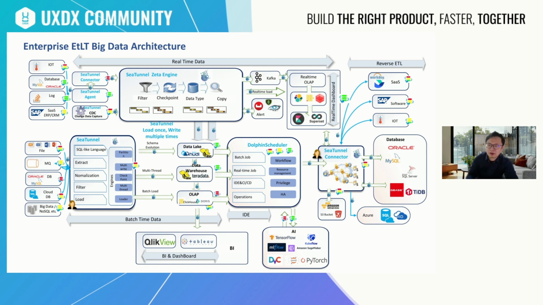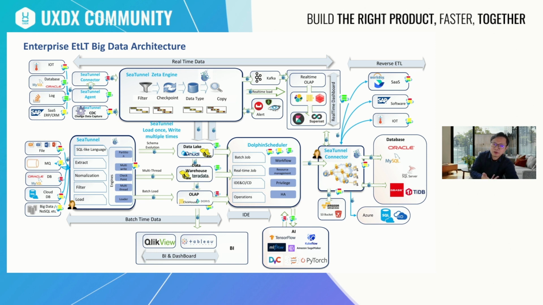Now we have Cittano. It's an Apache open source project, and it's free, and you can collect the data no matter whether it's in your IoT devices or your database or your spreadsheet or your log or your SAP or ERP or SAM software. You can collect the data in real time, and then you can load it into Kafka.